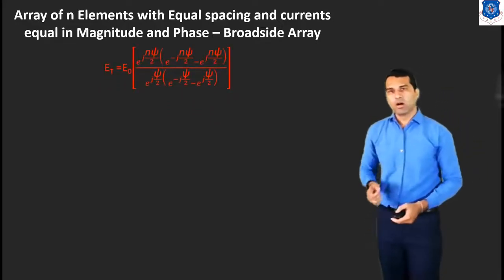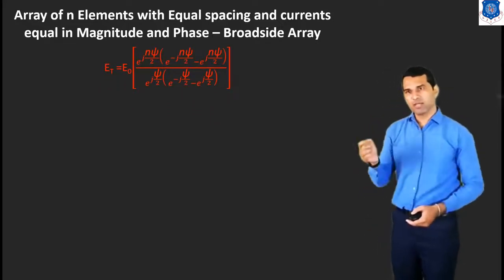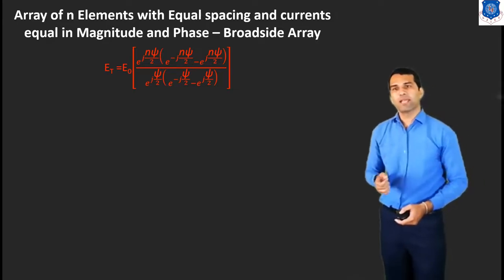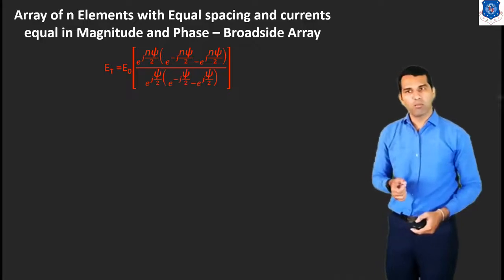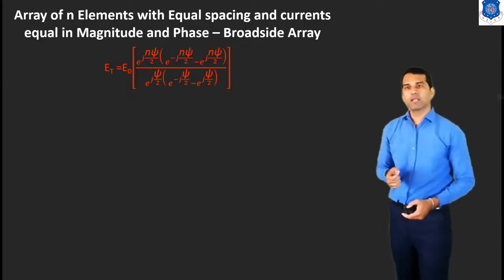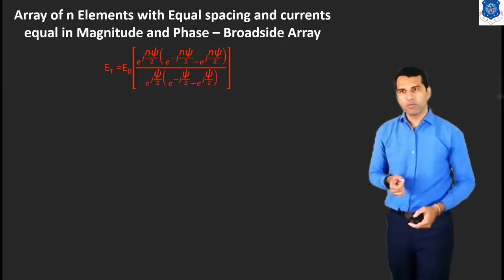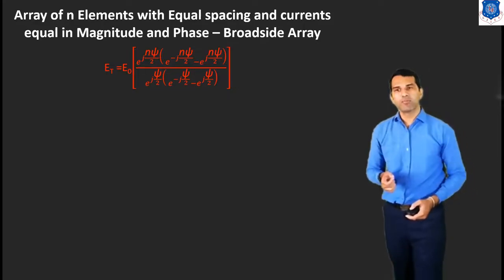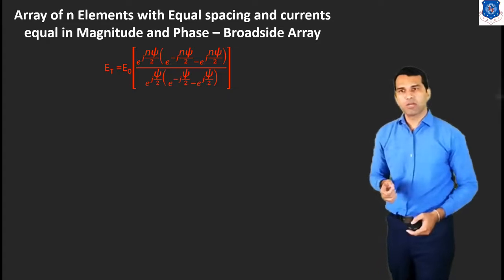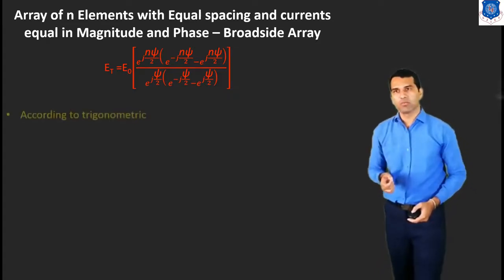Now to further analyze, we solve this equation. We take e raised to j n psi by 2 as common. So in the bracket term, e raised to minus j n psi by 2 minus e raised to j n psi by 2, upon e raised to minus j psi by 2 minus e raised to j psi by 2.